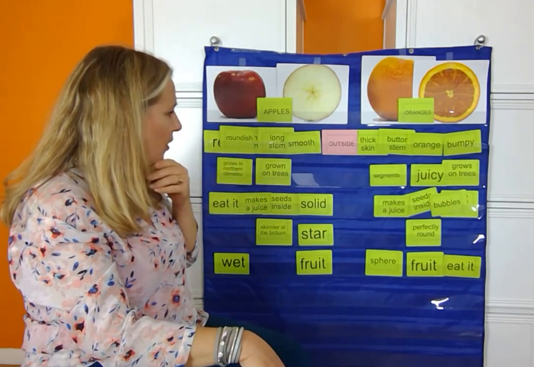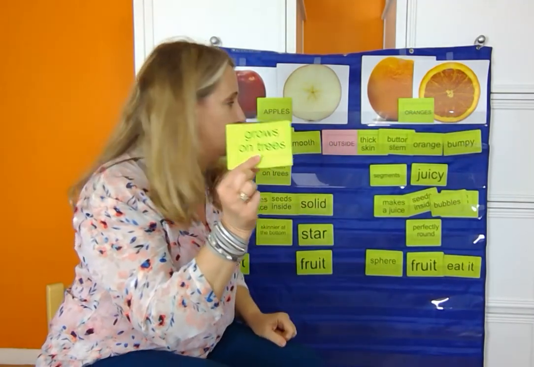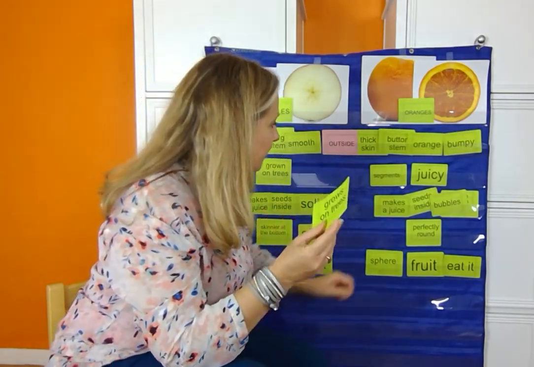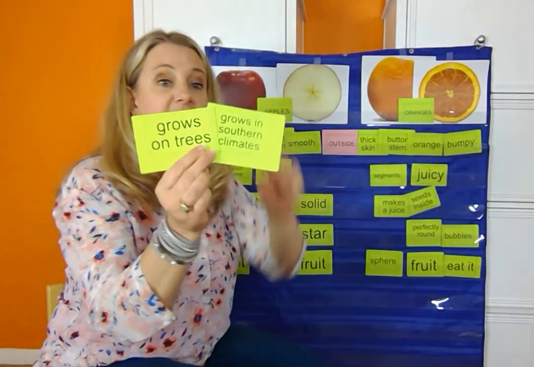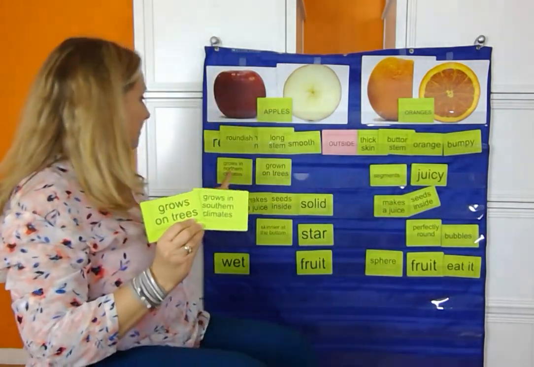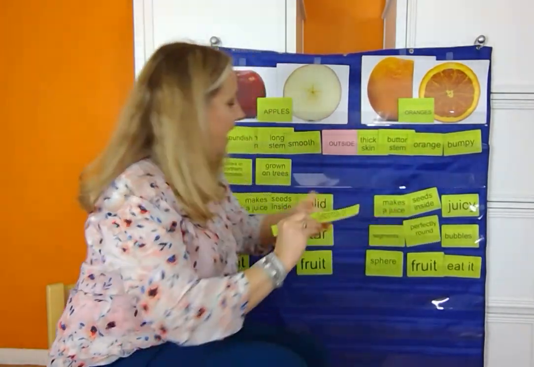So now I'm wondering, do we have, oh, oranges are grown on trees. What else? Oh, there's one hiding. And oranges are grown in the southern climates. Ooh, I see. Okay, so that's what we have to do.